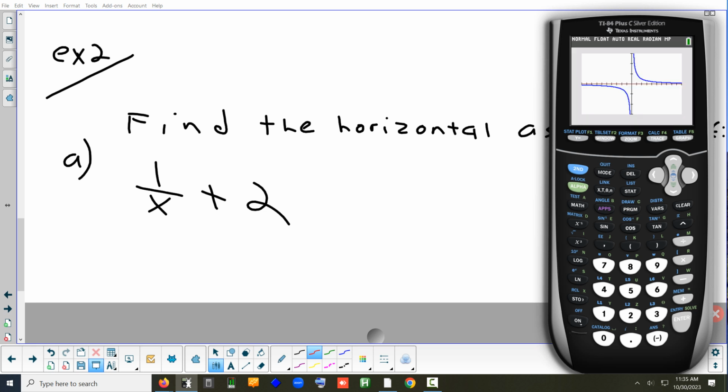That could be a problem, but it's not this problem. So 1 over x, plus 2. By putting the 1 over x in parentheses, the calculator knows for sure the plus 2 is on the outside and it's not in the bottom.